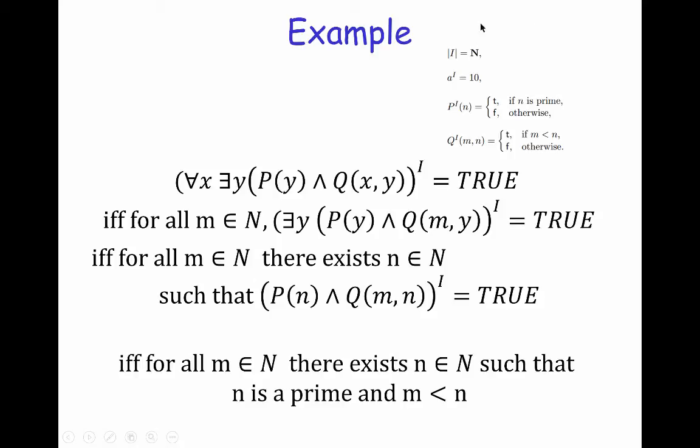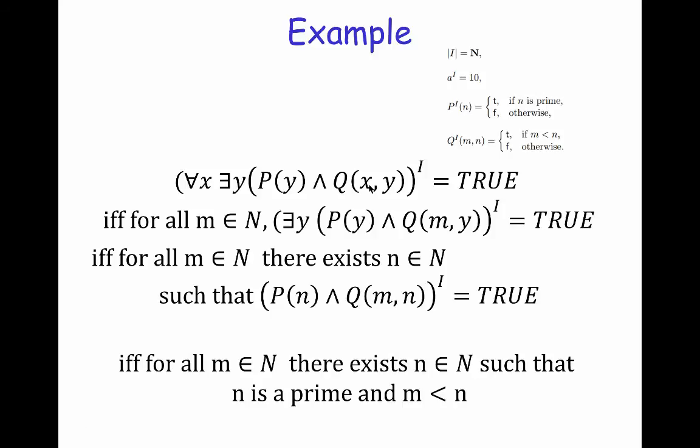What that means is, for all x, for all numbers, there exists y such that y is a prime number and y is greater than x. So it means actually there are infinitely many prime numbers, because if you take any number x, you can always find a prime number that is bigger than that. Of course, in terms of number theory, this is true.